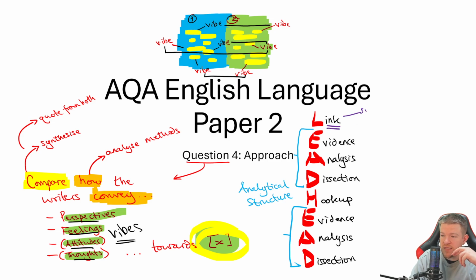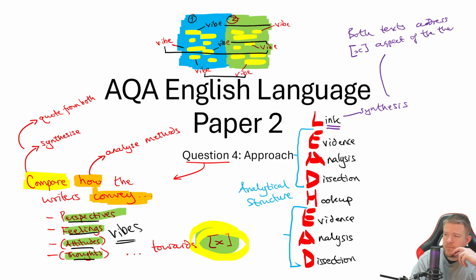So that's going to be your synthesis, where you say something like, both texts address X aspect of the theme, but text 1, blah, blah, blah, and text 2, blah, blah, blah.